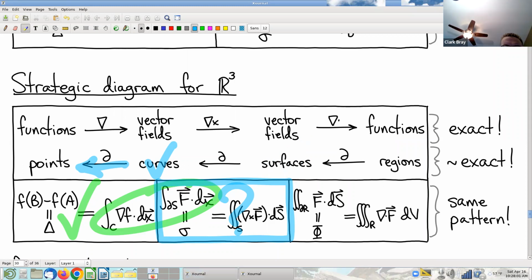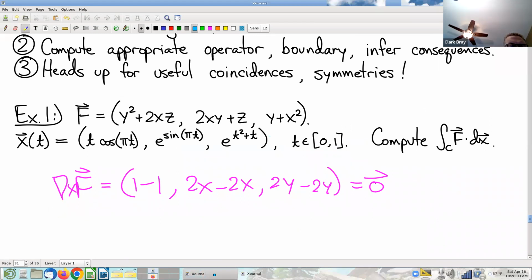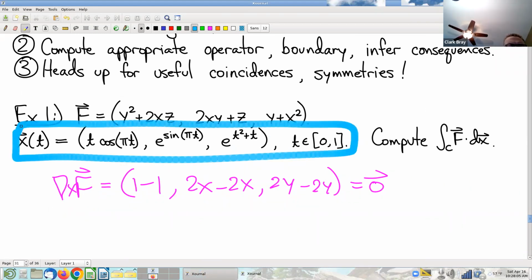So I need to look back at my parameterization here, and let's ask, does this curve start and end at the same 2 points, and thus being a closed curve, in which case there's an anti-boundary? Or might it be that this starts and ends at different points? And again, if you have a curve that starts and ends at different points, it's just not a boundary of anything.